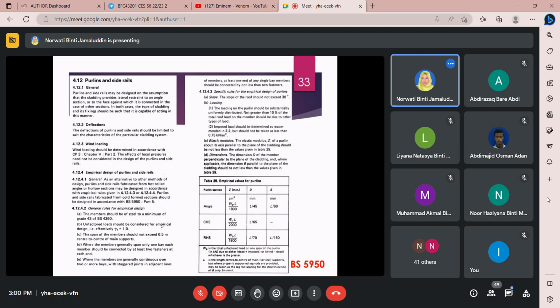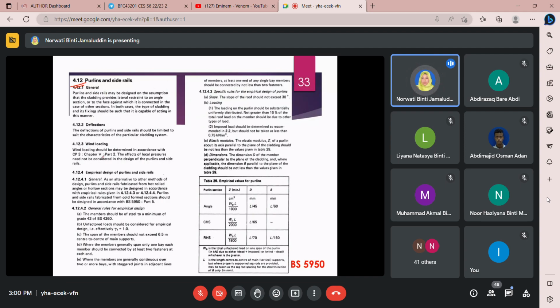Okay, I extract some of the information from BS 5950. You can always Google it, and if you want to read, download it. From this clause, this is for purlin and side rail, but my focus will be on purlin.